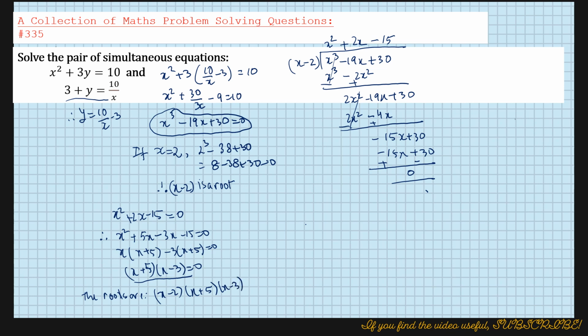Now if x minus 2 is a root, so if x minus 2 equals 0, x is 2, and we get y from the first equation.